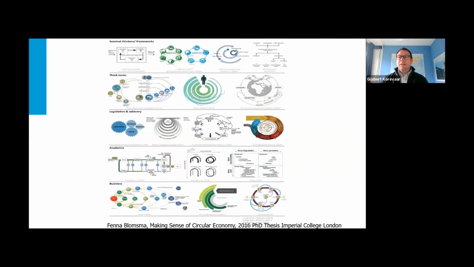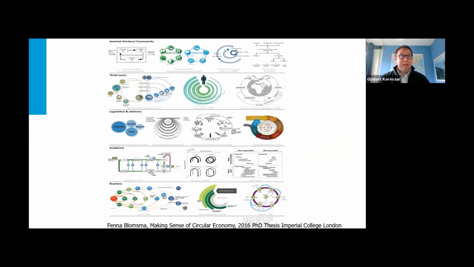So you see that in the world of circular economy, you have many different approaches. I'm not presenting that today. I just always like this picture. It came from a PhD thesis several years ago, in which one of the students compared all kinds of frameworks, and you see that circular economy comes in many variations. You might be familiar with this one, from the think tank of the Ellen MacArthur Foundation.